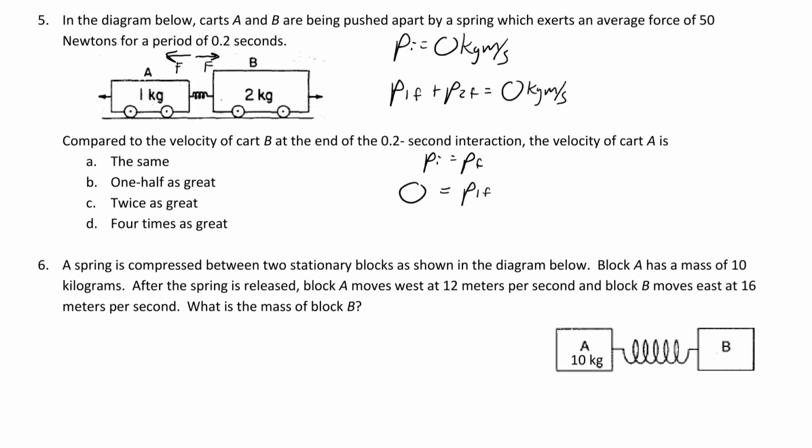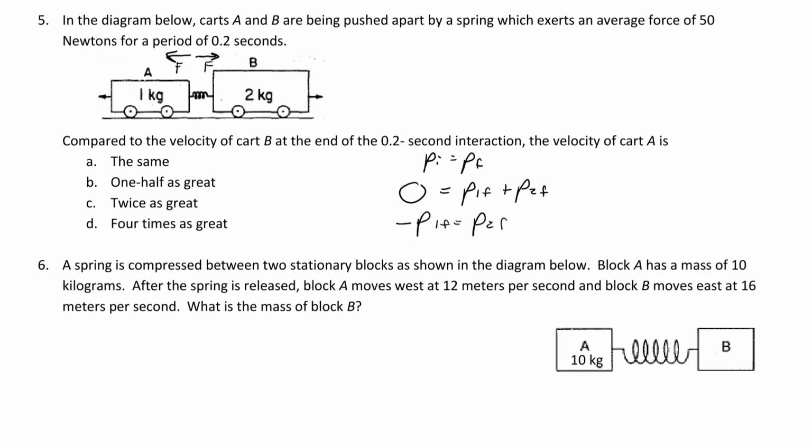So you have P1F plus P2F. And so that's exactly what we wrote up here, but now we're using the form of the equation that we're used to. So let me get rid of this here. And now let's start rearranging this. So P1F is moving to the left, so let's subtract it from both sides. So you have negative P1F is equal to P2F.